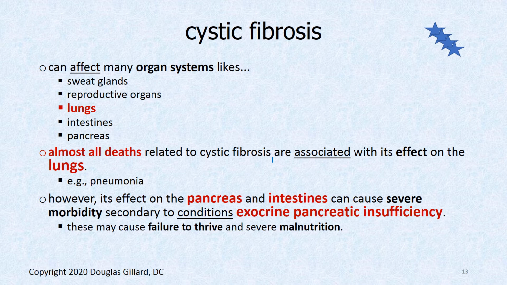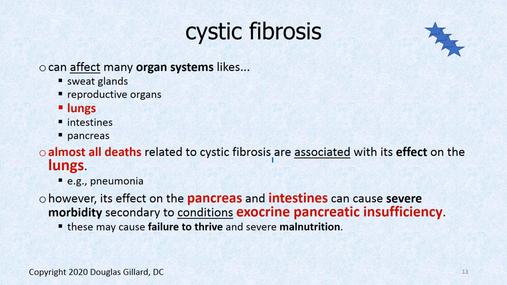We talked about its effect on the pancreas and the effect on intestines, sweat glands, reproductive organs, and now we're going to talk about the lungs. In fact, almost all of the deaths that occur because of cystic fibrosis are secondary to a pneumonia, its effect on the lungs.